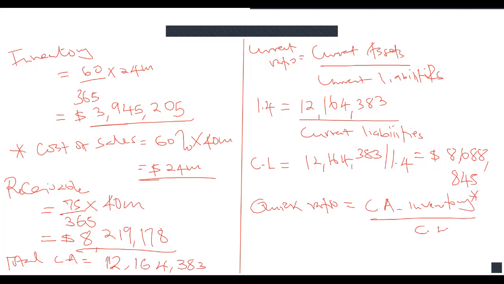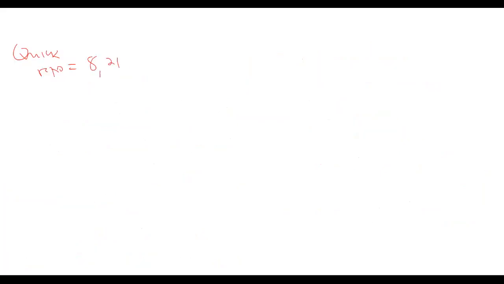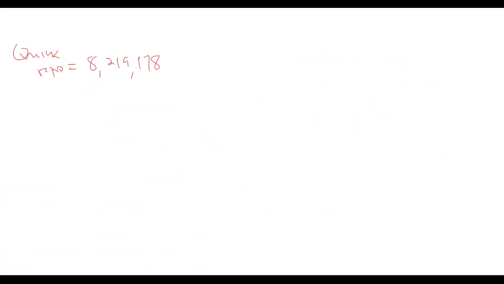Therefore, the quick ratio for this company is equal to current assets less inventory, that is 12,164,383 minus inventory. We get back to the receivable value, 8,219,178. That is the current assets less inventory.